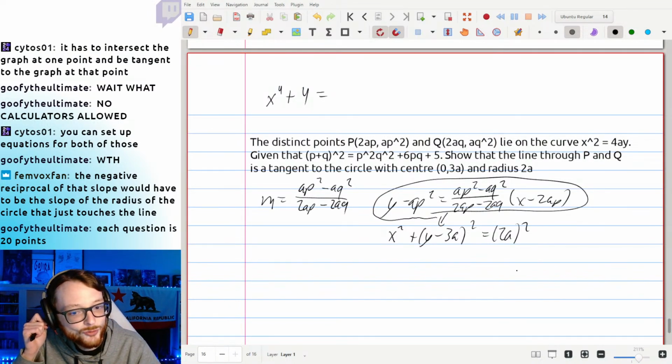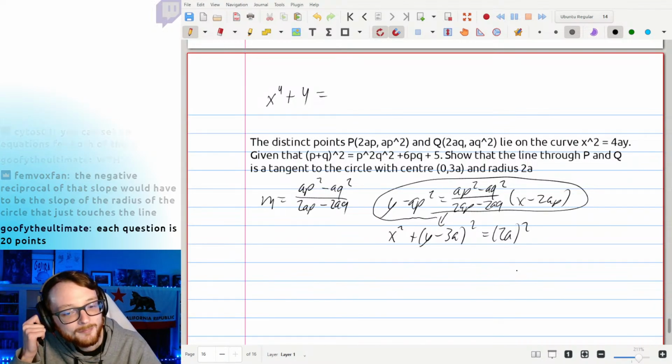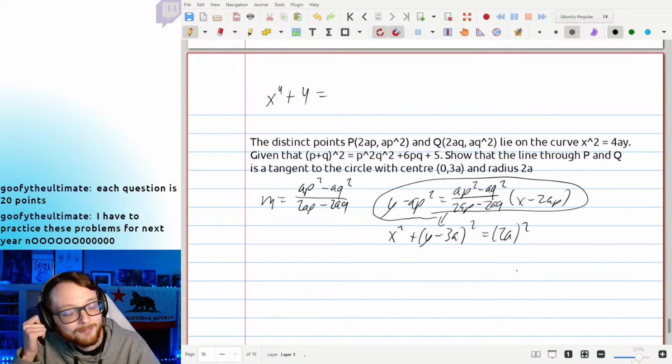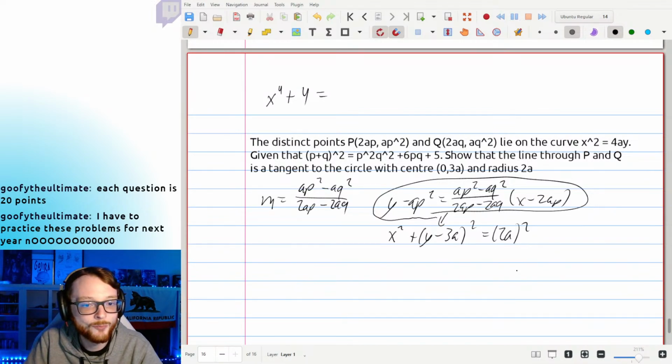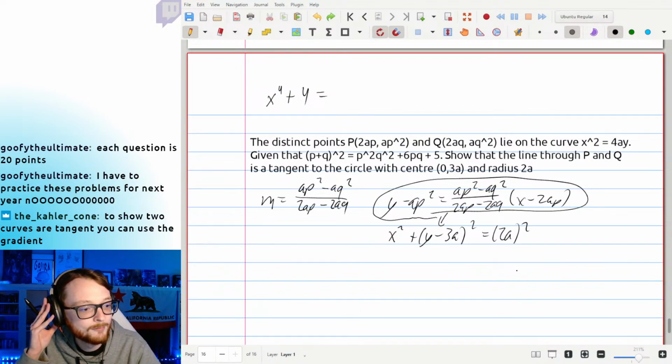I guess that's the strategy you would use here. That's a whole mess of variables, though. I don't want to do that. I think that's the strategy for this problem, though. And at some point, you'll have to use this fact to simplify it. But in theory, it's some stupid-looking quadratic that you can restrict to have one solution.